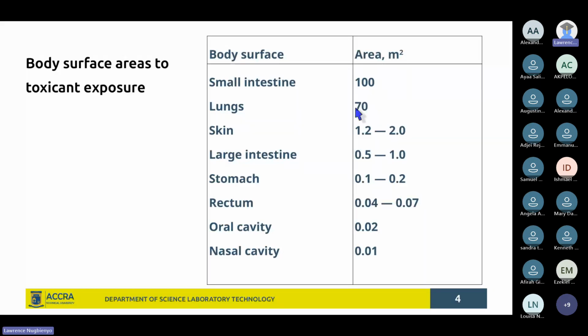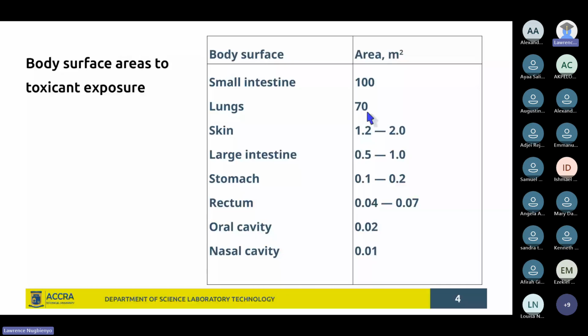In the lungs, which follow the small intestine, you have a surface area of about 70 meters squared. And there too, it is because you have these small pockets, what we refer to as the alveoli. There too you have a large surface area to absorb substances.